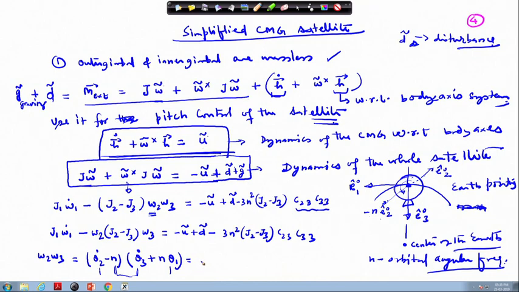So, this can be approximately written as minus n times theta dot 3 and minus n times this term multiplied here. So, this is minus n square times theta 1. Okay. So, another term we get here, minus n square times theta 1.